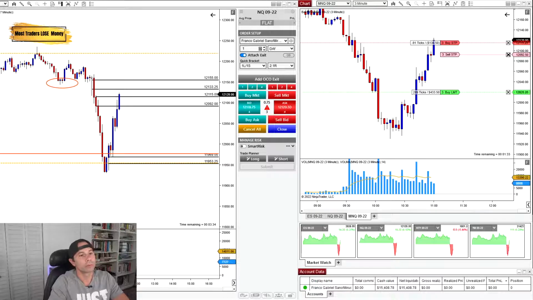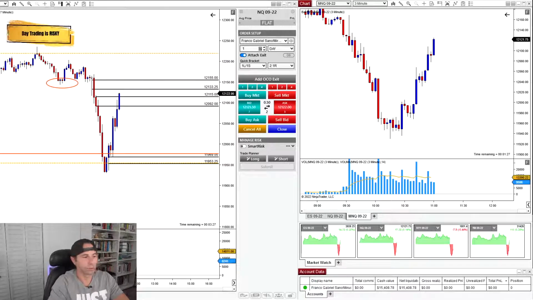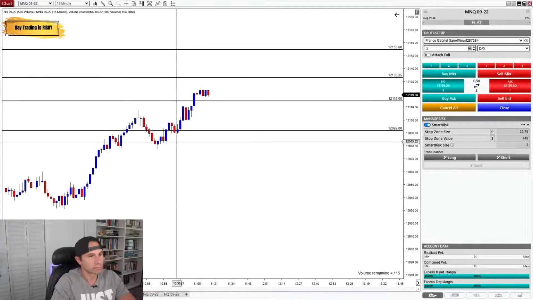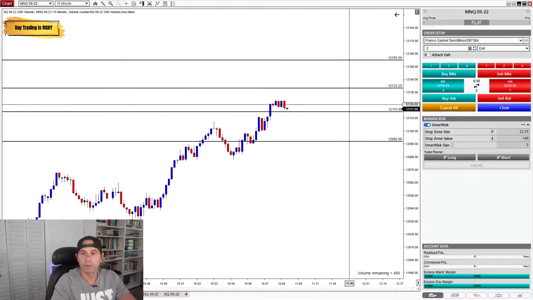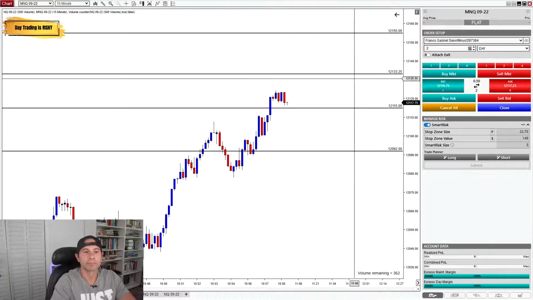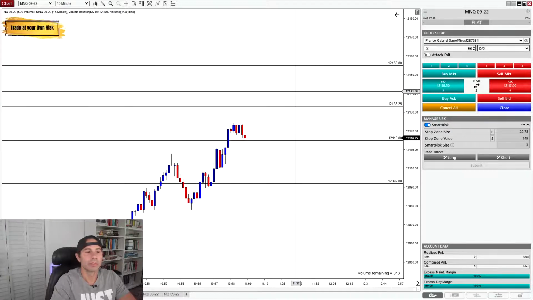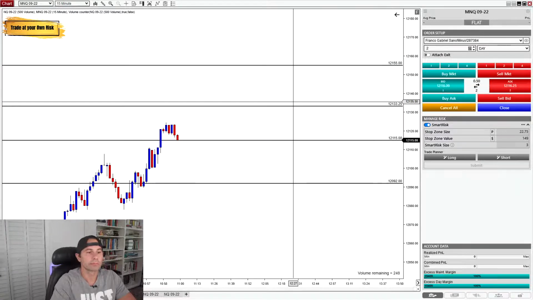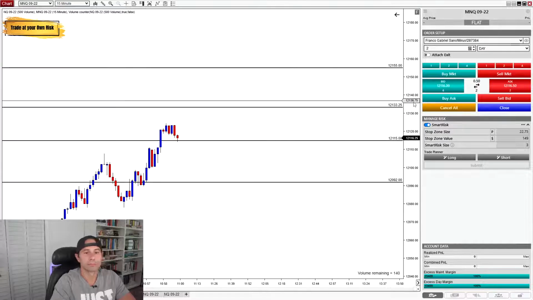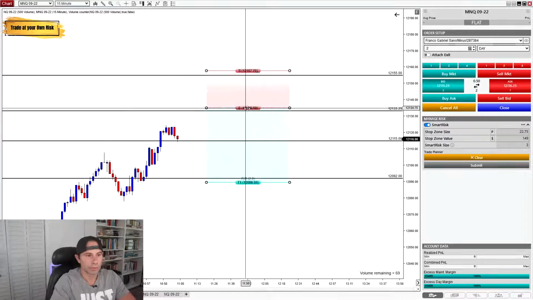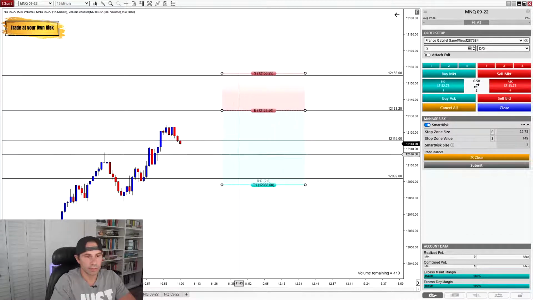There we go. So it broke to the upside. Get rid of this area here, all this. Let's work on the next one. This is 133. Short right here.